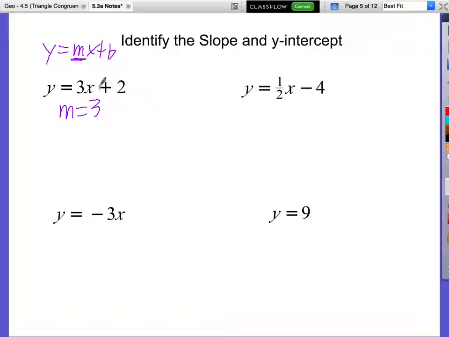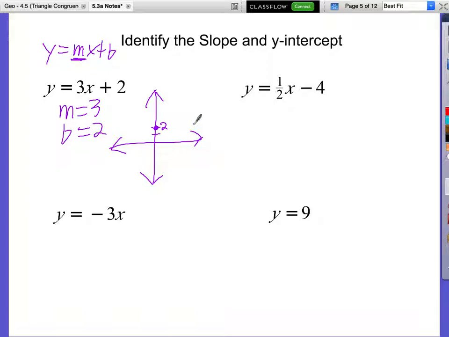The slope is what's being multiplied with the x, in this case a 3. Who can tell me what our y-intercept is? Justin. The 2. So b is equal to 2. That means this will have a slope of 3 over 1, or just 3, and it'll cross the y-axis at 2.